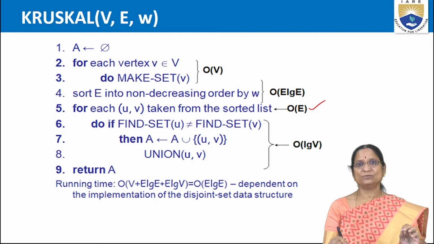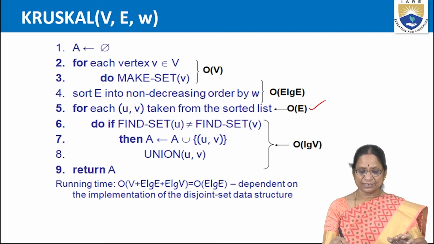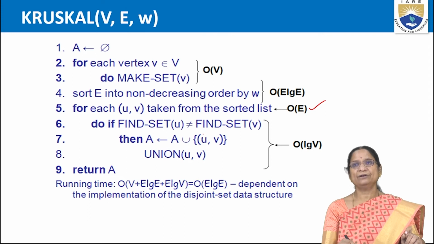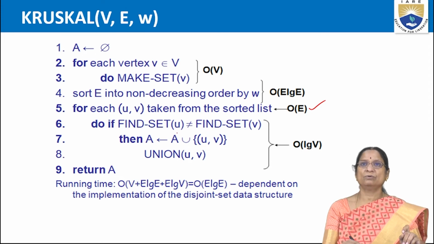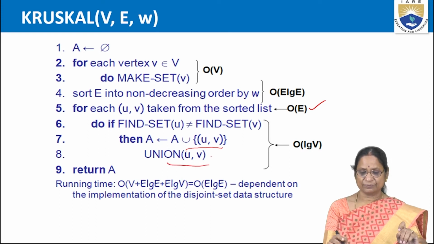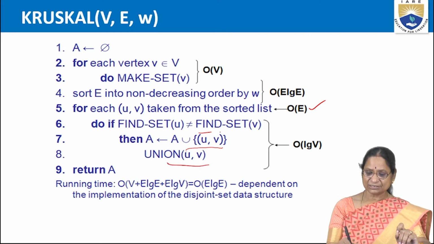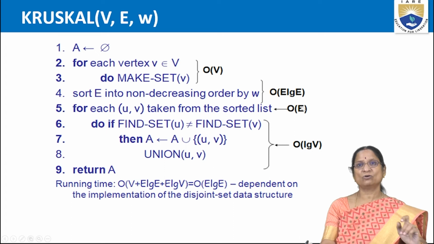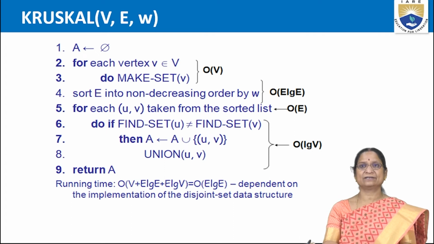Inner loop is there. What we are doing in the inner loop is checking whether the respective parents of the vertices of the edge we are considering are not equal. Then we add it to our tree. Then we are using union. The major time complexity is based upon the disjoint set implementation and the time complexity of the union and find set operations.